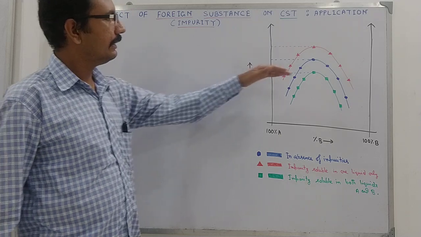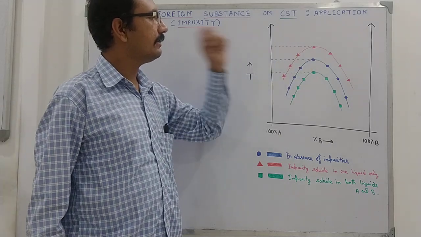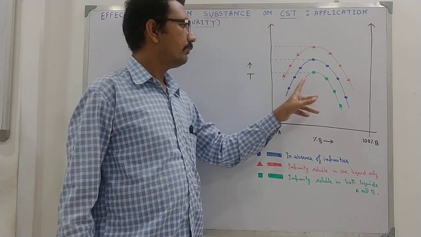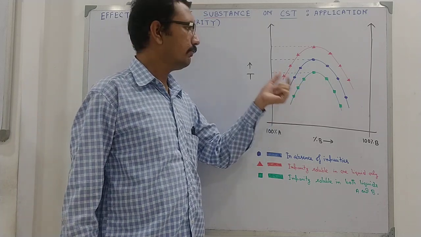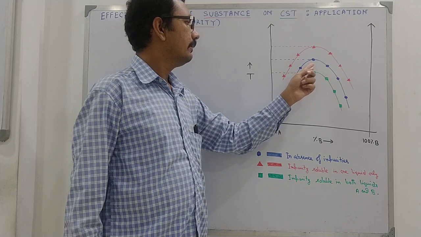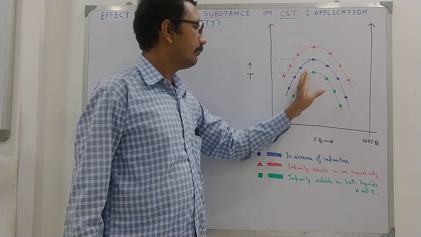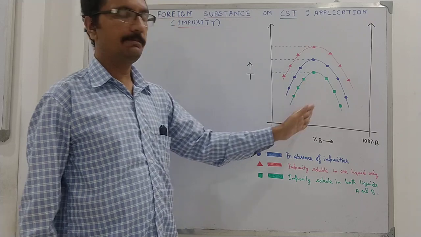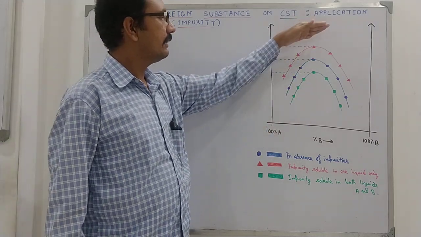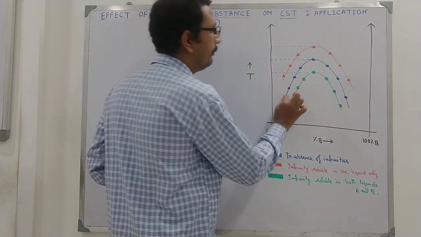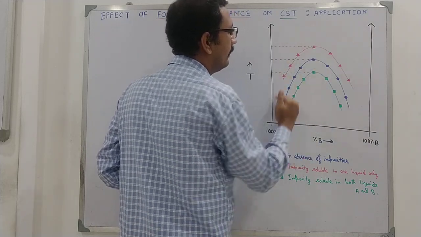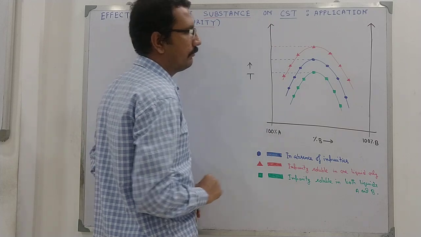Now this critical solution temperature is characterized by the two conjugate solutions, that is two layers, below this temperature within this domain referred to as the miscibility gap, and beyond this domain, that is in this area, it is a single solution.